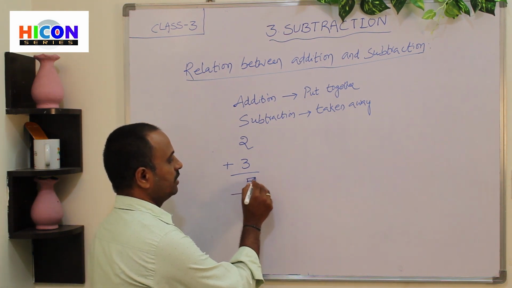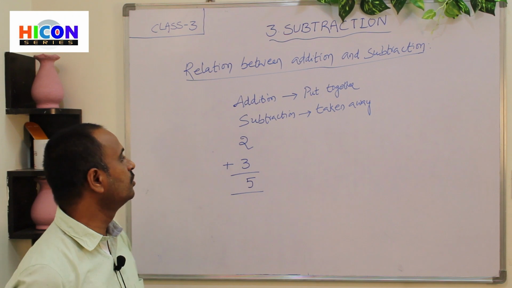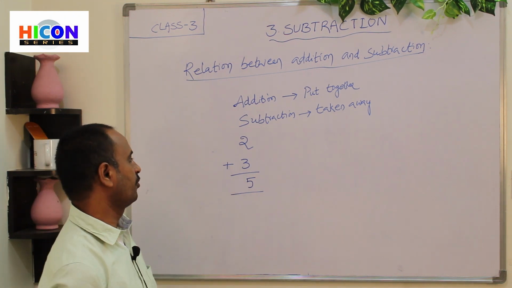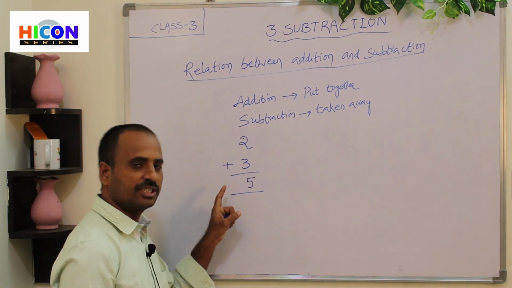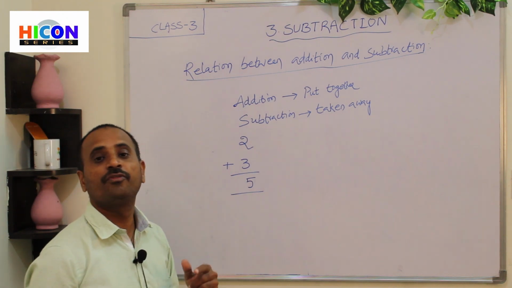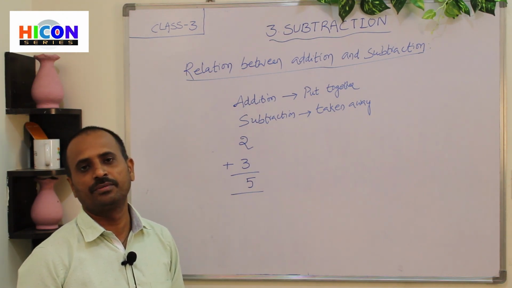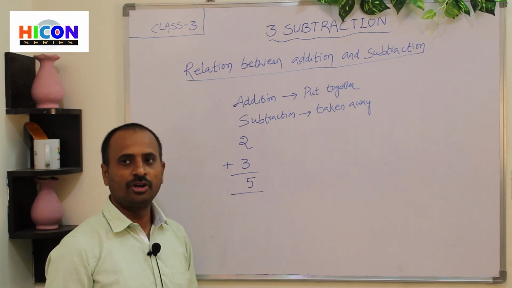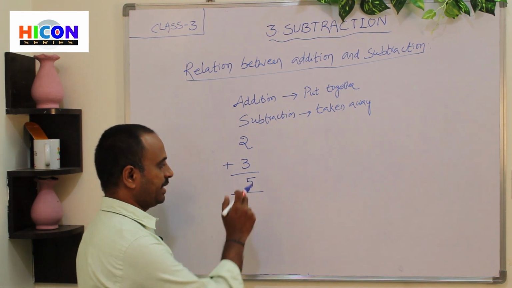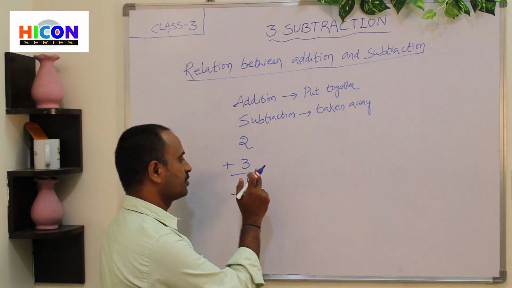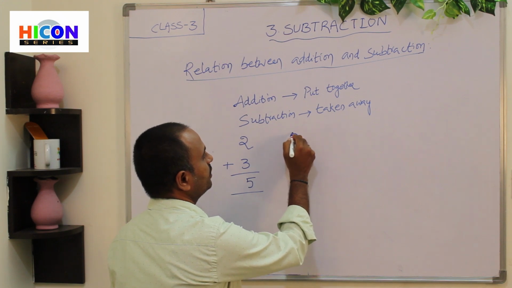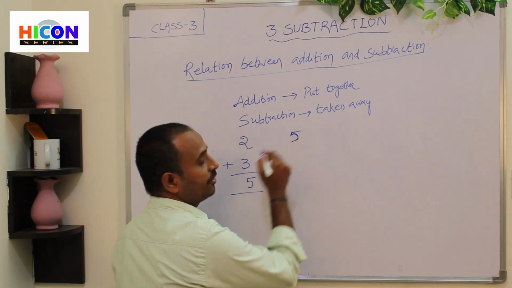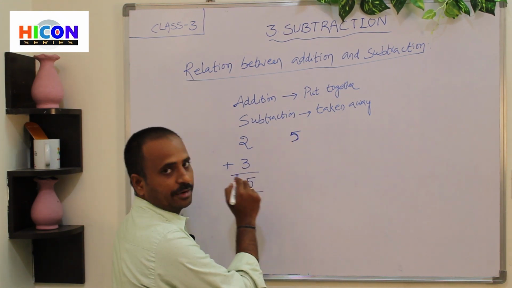You have already learnt in first class and second class how to do these additions. If you add 3 to 2, you get 5. The sum is 5. So this is called addition. Now, if you subtract from this sum 5, write 5 first and subtract any number.